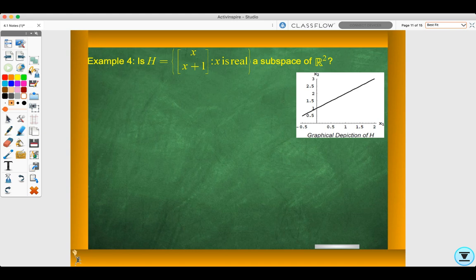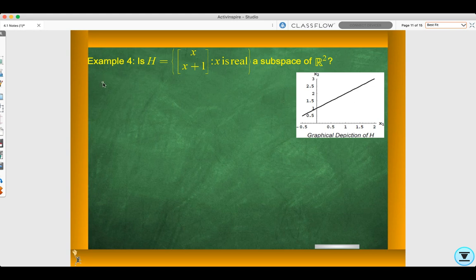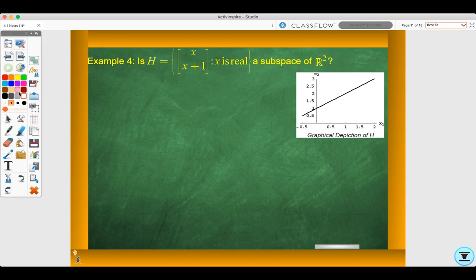Let's look at example 4. Is H = {(x plus 1)}, where x is real, a subspace of R2? So we're asking, does H satisfy properties A, B, and C? So the first thing that we look at here is, does it have the 0 vector? If we look at this, our axiom A would be right here. The 0 vector.